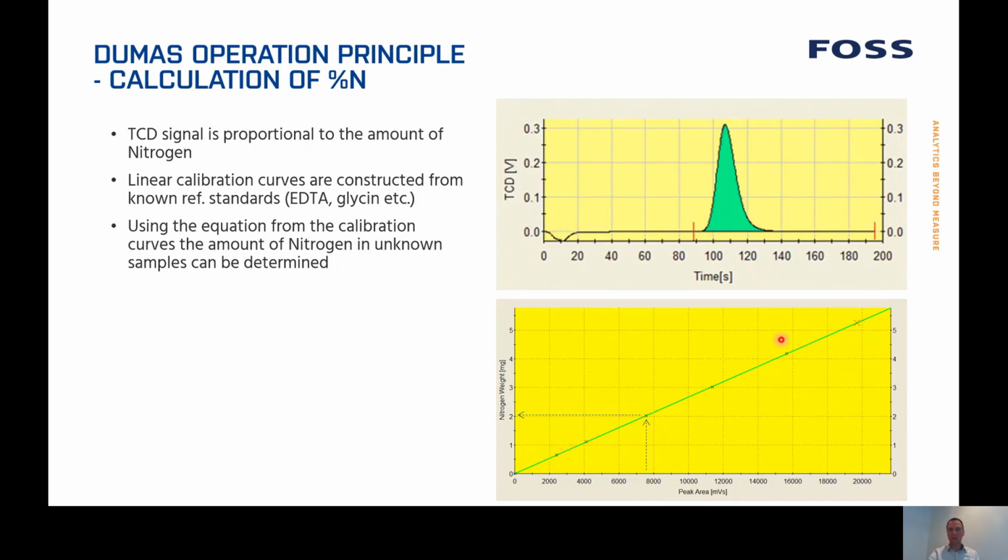There's a description in the user manual on how to do the calibration curve, and on the basis of the calibration curve you can insert your unknown sample and have a reading that, okay, this is the amount of nitrogen that is in the sample. This is just some principles of the Dumatec and the calculation of the nitrogen, and then you add the protein factor to convert it into protein.